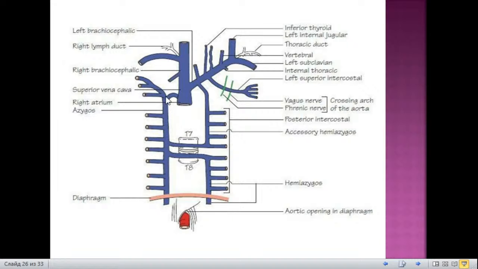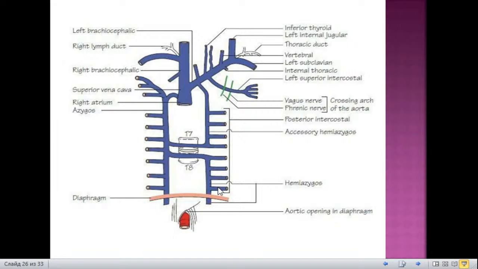These are the azygous vein at the right side and the hemiazygous vein at the left side. About the azygous vein, it begins like a continuation of the right ascending lumbar vein. It goes up, and this vein drains into the superior vena cava.